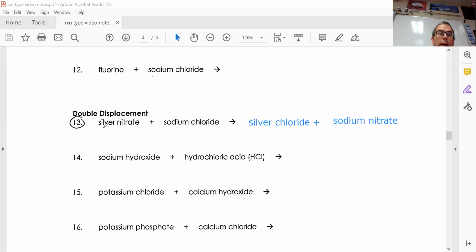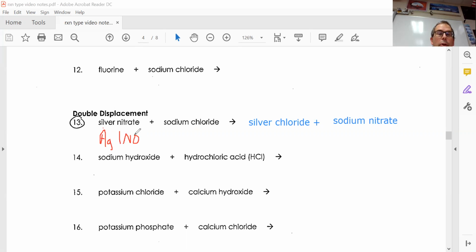Actually, I'm not going to. Common ion chart: silver is +1, NO3 is -1, sodium is +1, Cl is -1. I'm going to cheat and do that so I don't take a long time with this. Silver nitrate is therefore going to be Ag, which is +1, and this whole thing, NO3, is -1, and I got that from the common ion chart.